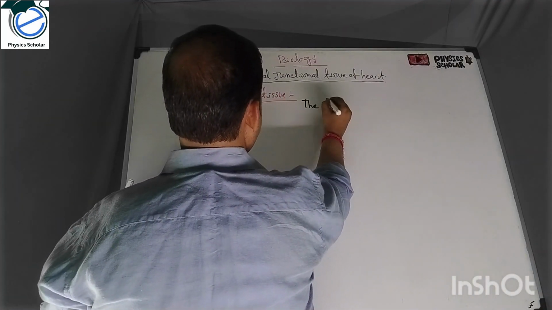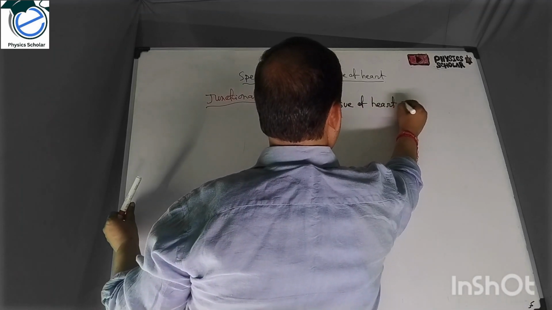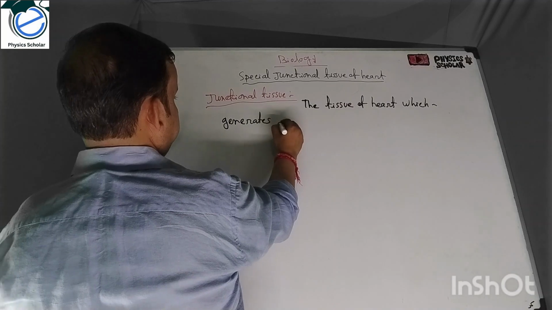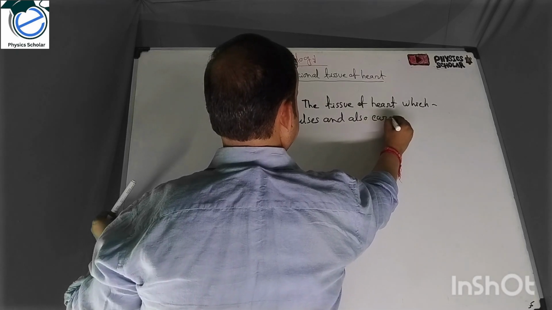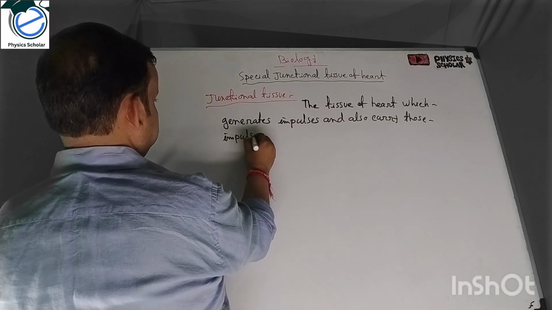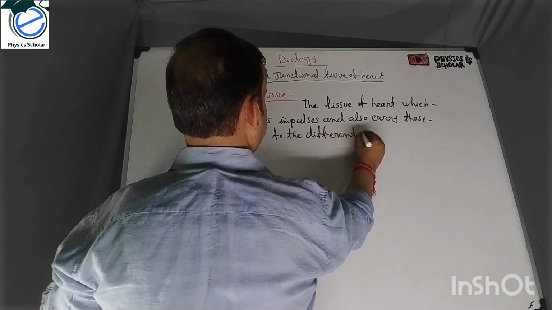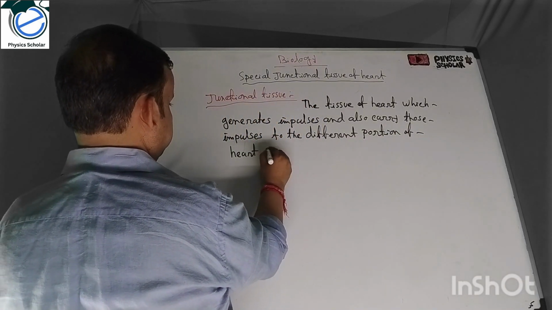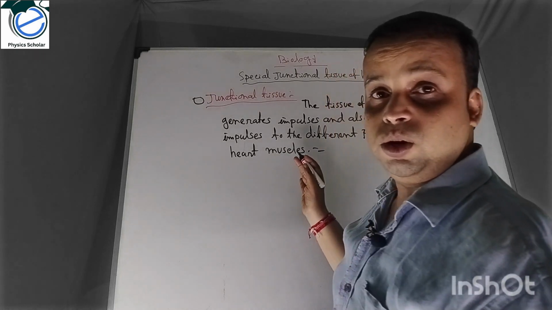The tissue of the heart which generates impulses and also carries those impulses to different portions of the heart muscles is known as junctional tissue.